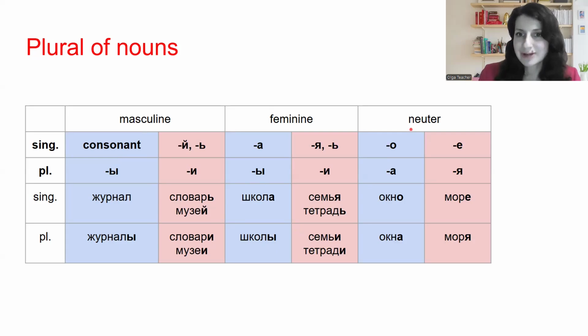And the neuter nouns in plural, they end with a, ya. So we will change o with a and ye with ya. Окно, окна, море, моря.